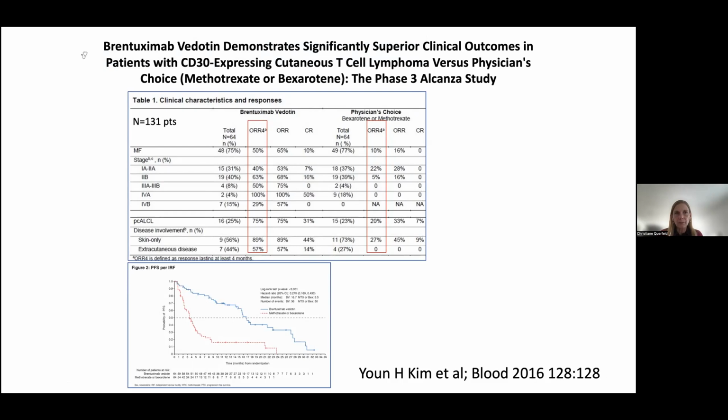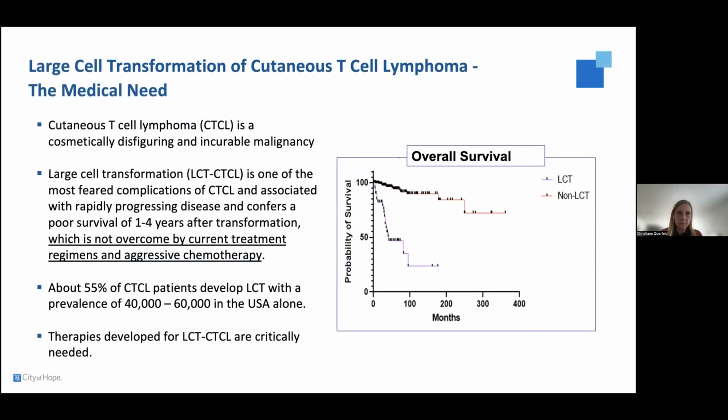But usually at least 10% was deemed optimal for treatment responses, particularly in patients with large cell transformation. I want to point out this is compared on overall survival. Those patients don't really have a good treatment.